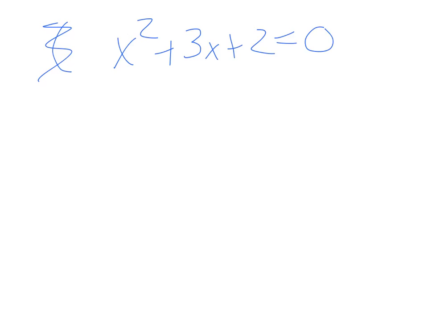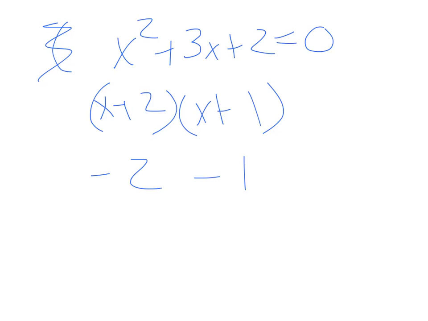What would the factors be? X plus 2, x plus 1. Okay? And the answers for this one would be negative 2 and negative 1. You would get the same answer with the quadratic formula, but it would take you a whole lot longer, right? So if you can see the factors, you factor it. But if you can't, quadratic formula works for everything, as long as it's set equal to 0.